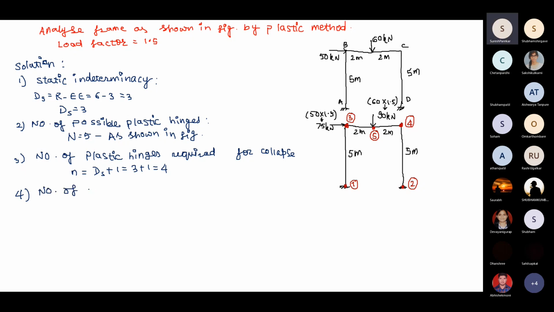Number of independent mechanisms is equal to n minus ds. So we have two independent mechanisms.